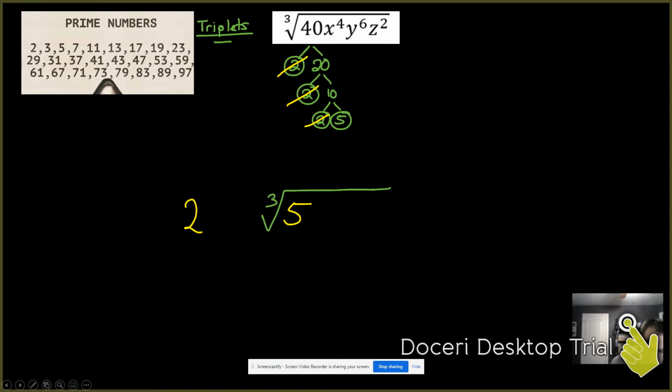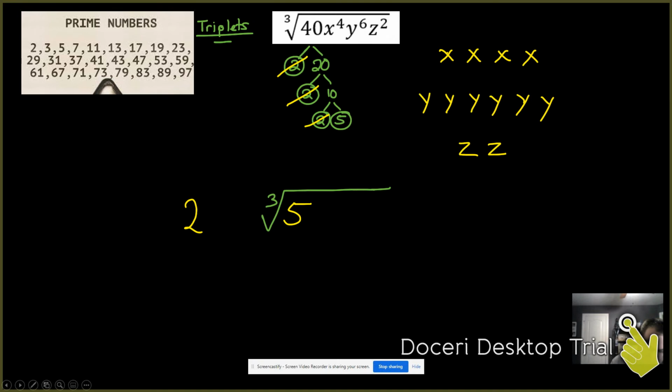Now let's go ahead and write out the variables. Let's write out x 4 times, y 6 times, and z twice.